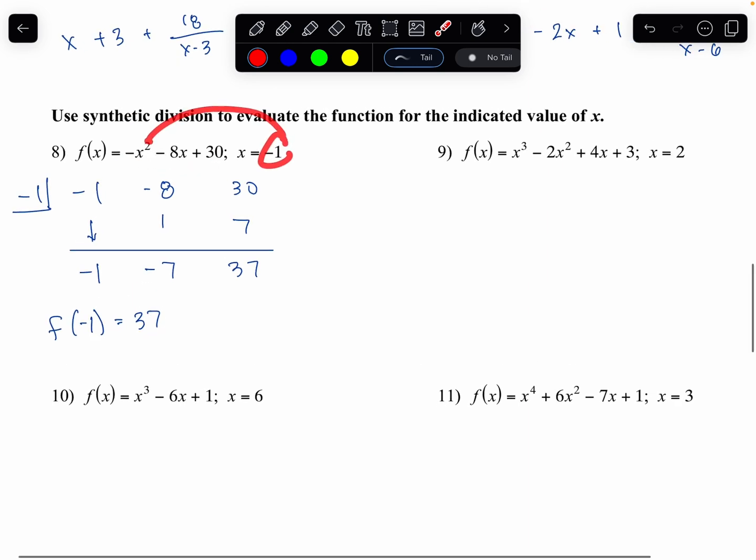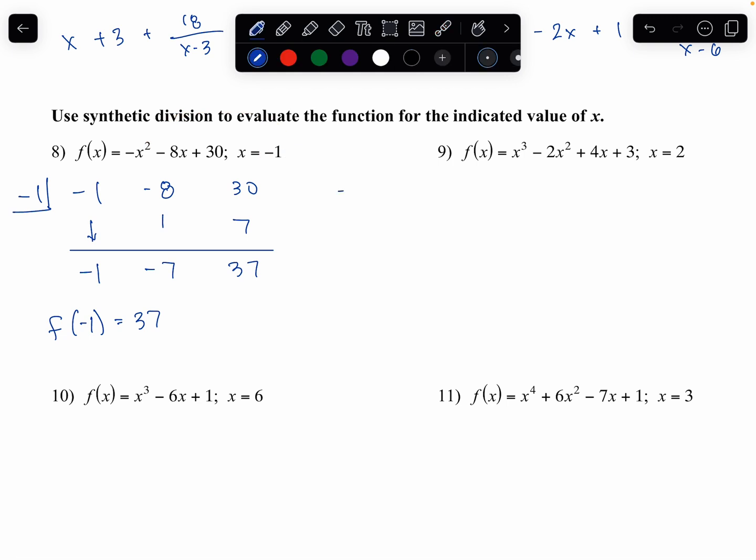So if I plug in -1 here: negative 1 squared minus 8 times negative 1 plus 30. This becomes 1 because negative 1 squared is positive 1. Minus 8 times negative 1 changes to positive 8, and plus 30. This combines to be 7 plus 30, and that gives me 37, which is the same thing as my remainder.